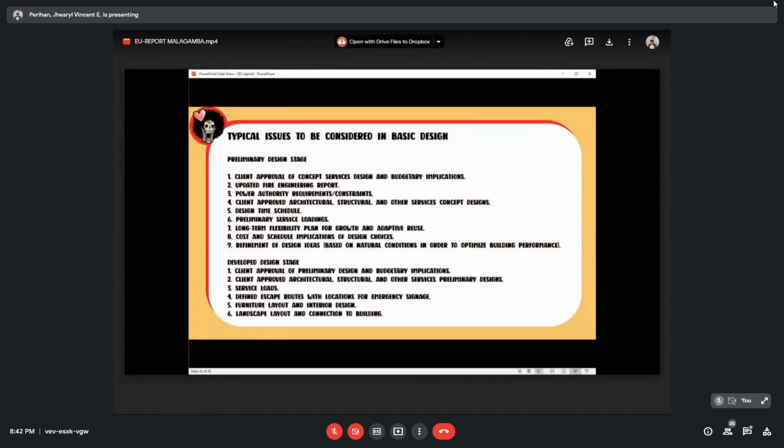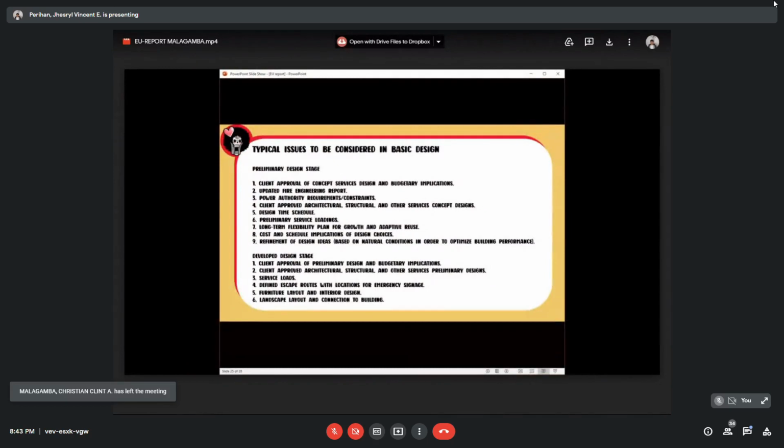Next is the preliminary design stage. So there are also issues po na that are needed to be considered. First is the client approval of concept services, design, and budgetary implications. Next, updated fire engineering report. Third, power authority requirements or constraints. Fourth, client approved architectural, structural, and other services concept designs.